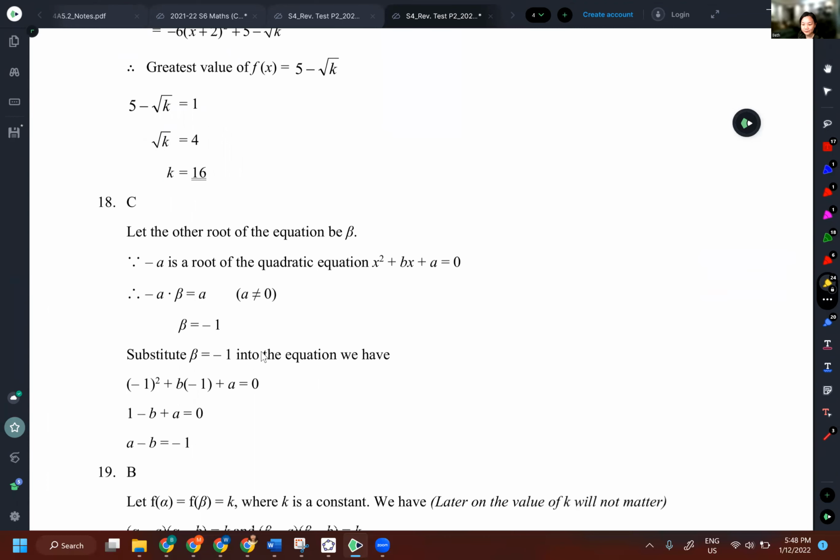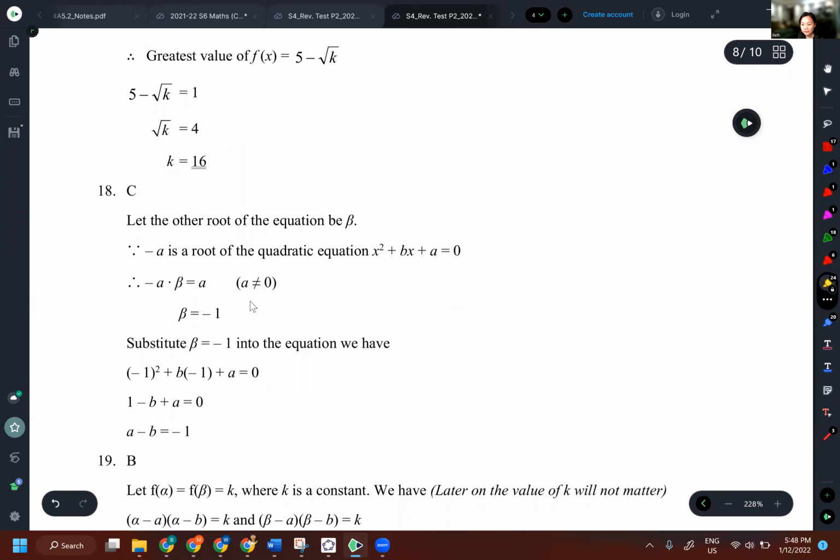Question 18. Now this question is unseen. Did I mark it unseen? I think so. There are other solutions. This is the suggested solution. Now let the other root of the equation be beta. And since negative a is one of the roots, I can use the product of roots. Negative a times beta equals a. I can find the other root.